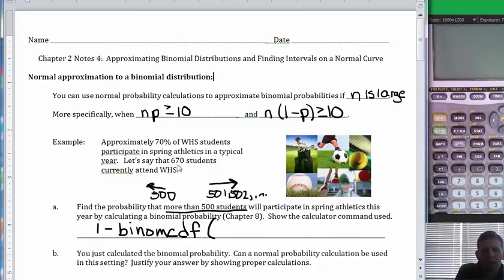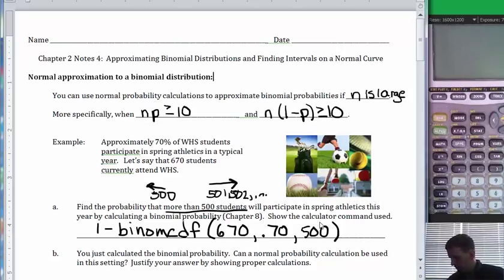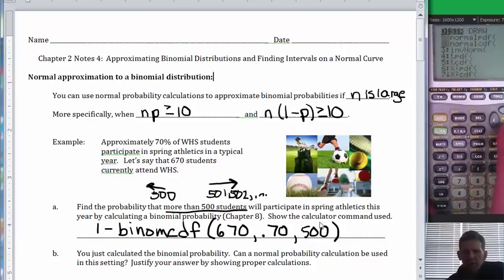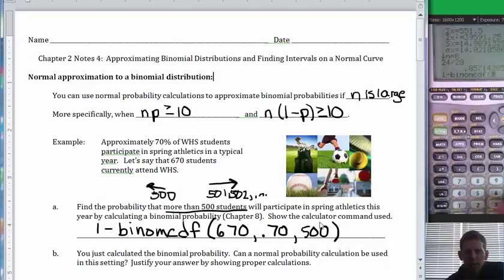Remember, we always start with our sample size, which is 670, our probability of success, which is 70%, and we're going to be counting down from 500, because if we subtract that value from 1, we'll get the probability of counting up from 501. On your calculator, we can do 1 minus, and the binomial command is found by going to 2nd Vars. You want to choose the one that says binomcdf, not binompdf.